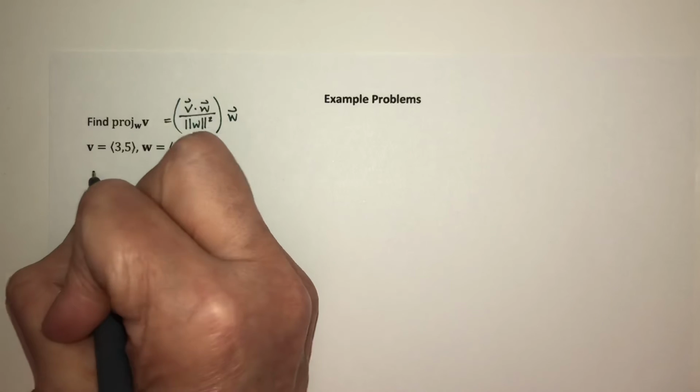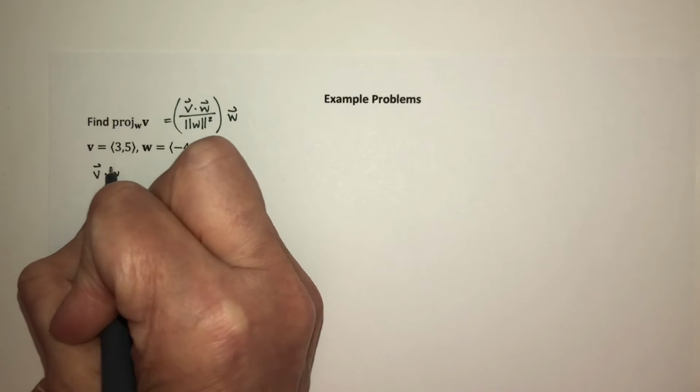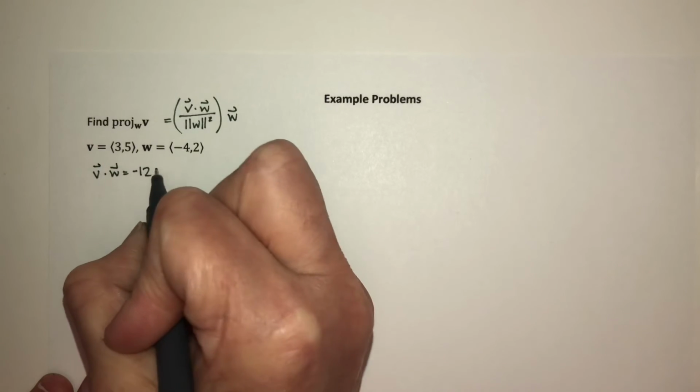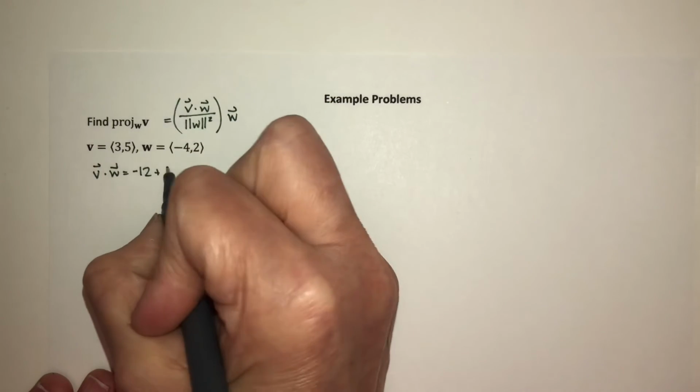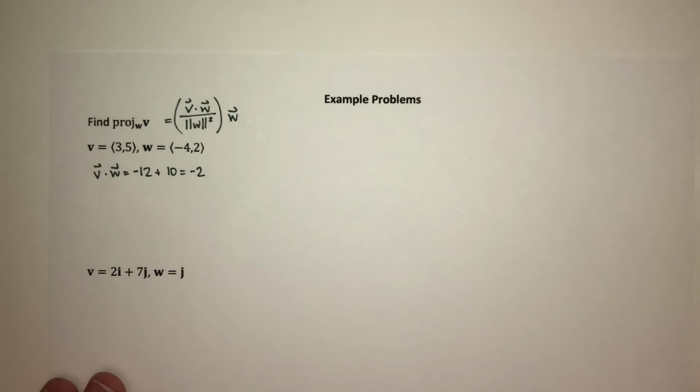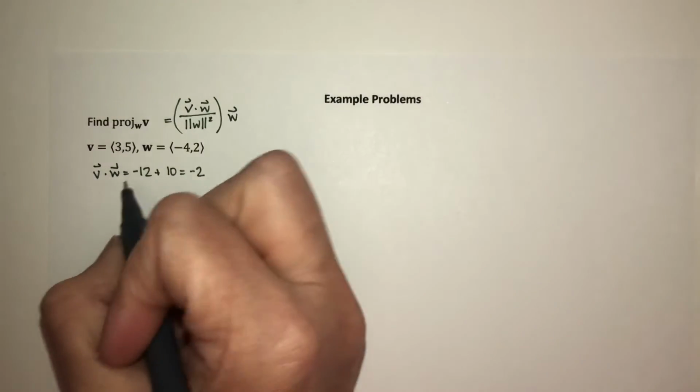Let's find v dot w. 3 times -4 is -12, plus 5 times 2 is 10, so that would be -2.